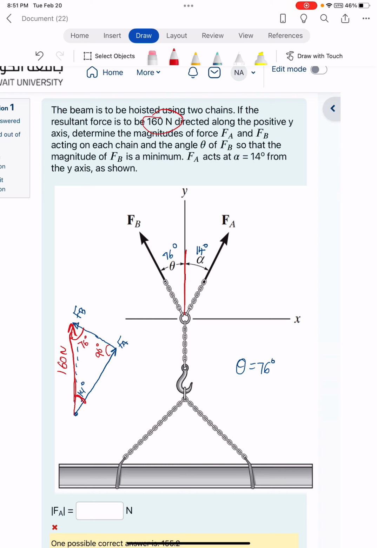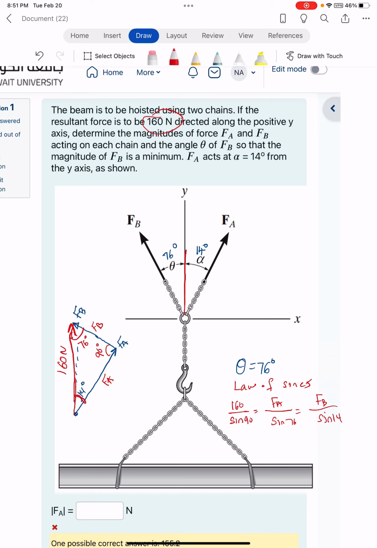So you could apply the law of sines. Law of sines. Okay, 160 over sine 90 equals FA over sine 76 and FB over sine 14.